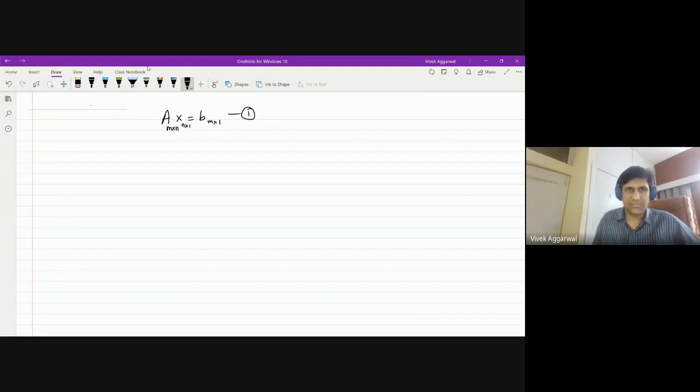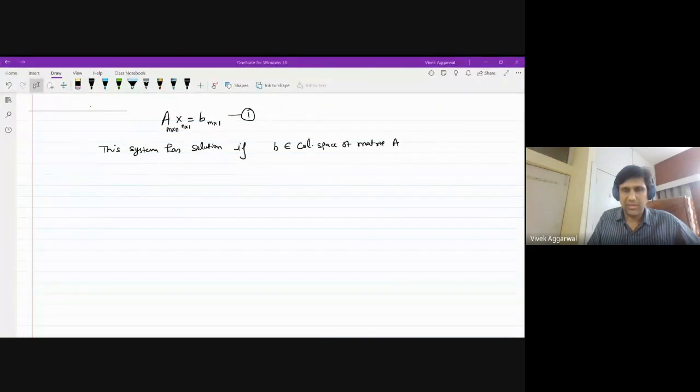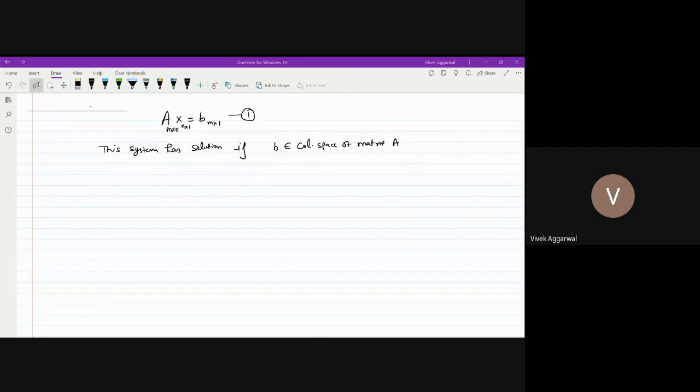I can say that the system has a solution if the right hand side vector, that is b, belongs to the column space of matrix A. Only then we can say that this system is going to have the solution.